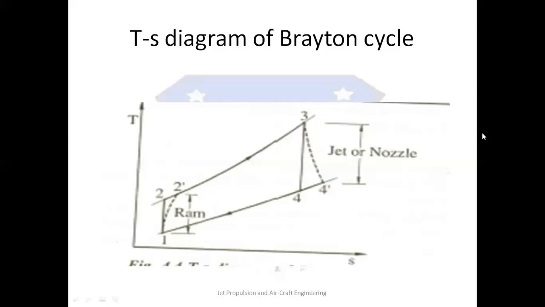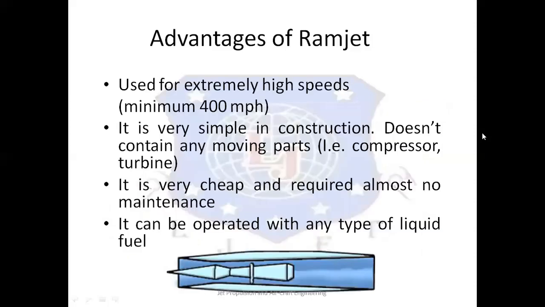It is most efficient at high velocity, about 1700 to 2200 km per hour, and at very high altitude. The ramjet engine is widely used in high speed aircraft and missiles due to its high thrust at high operational speeds. So it is widely popular in missiles because it can fly at very high speed.